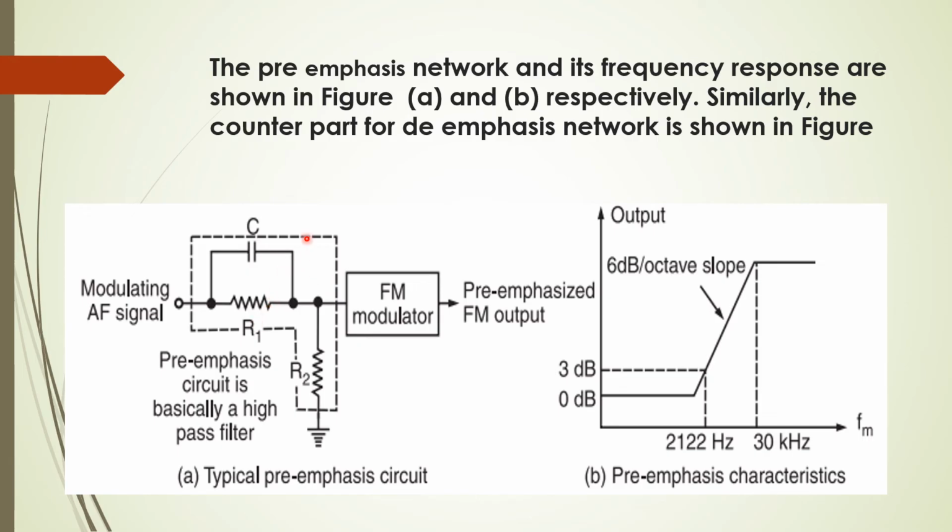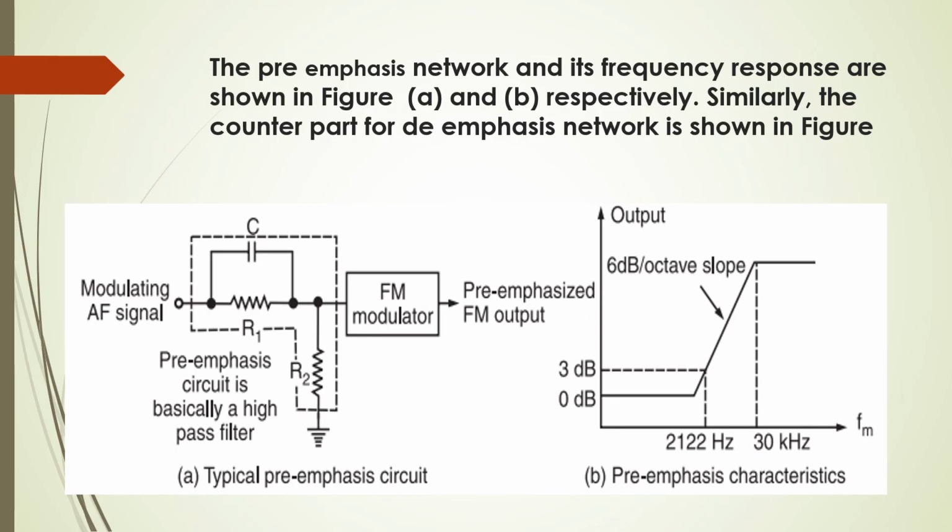Here this resistor and capacitor are used to find the frequency at which we have maximum frequency, and this entire circuit is used to boost up the strength of the signal where we have the maximum frequencies. And after boosting, we directly apply this signal to the FM modulator, and after the FM modulator it will transmit through the air. And this is the characteristics of pre-emphasis.